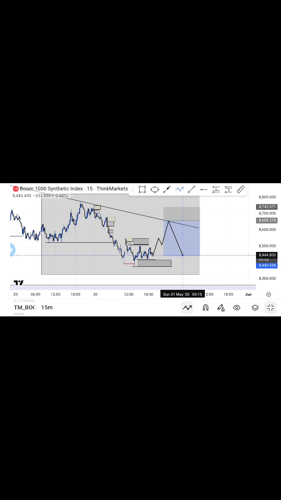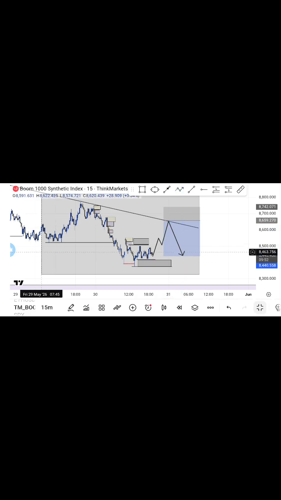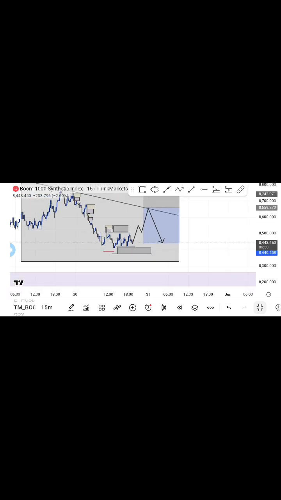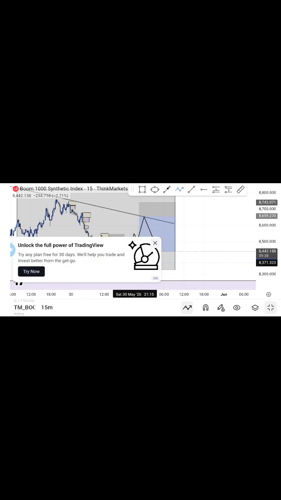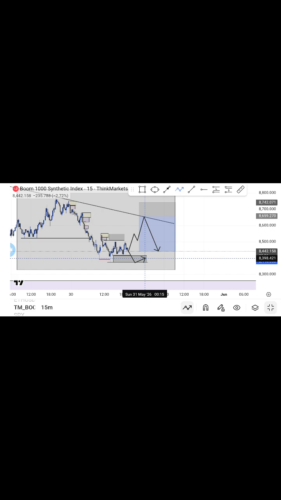But again, if the market breaks through this, our high liquidity area, then this purple line is an imbalance.